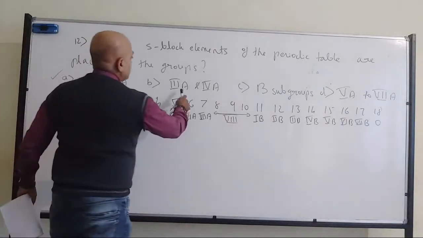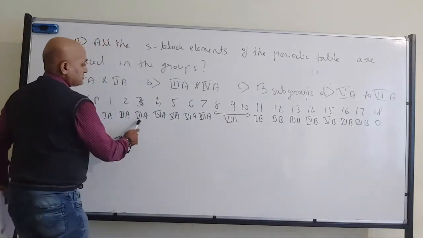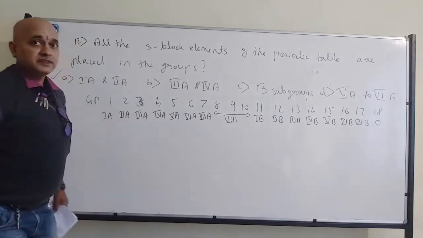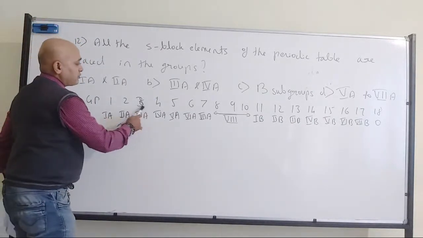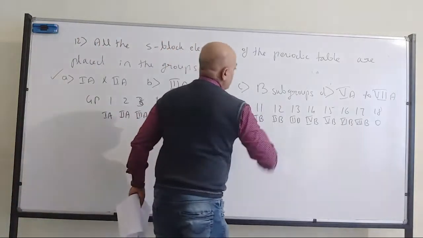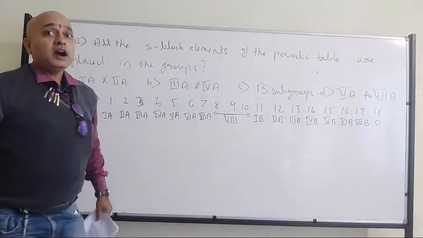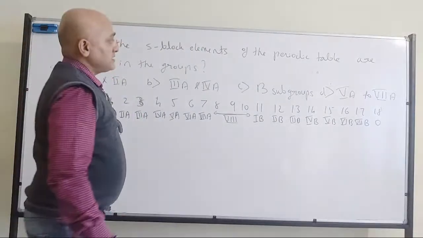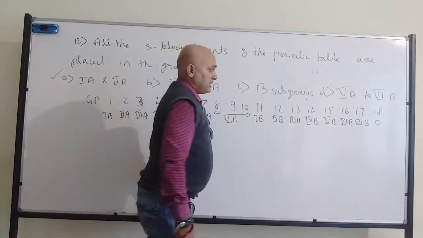If I observe 3A and 4A, that is where transition metals will come, group 3 and 4. Now B subgroup is related to metals other than the alkali and alkaline earth metals. Those will be considered as B subgroup metals.